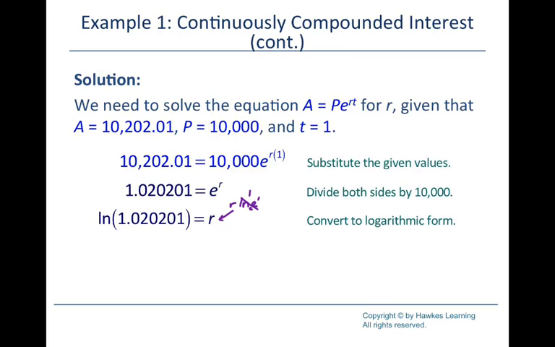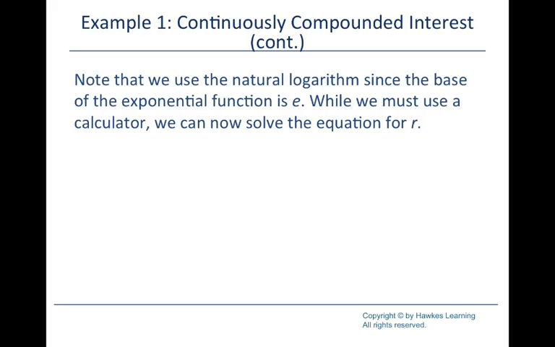So when we take r times natural log of e, we end up with just r. Now we take the natural log of 1.020221, and that will give us our rate. And we get 0.02, which is 2%.